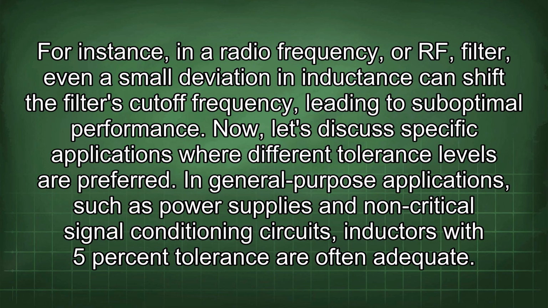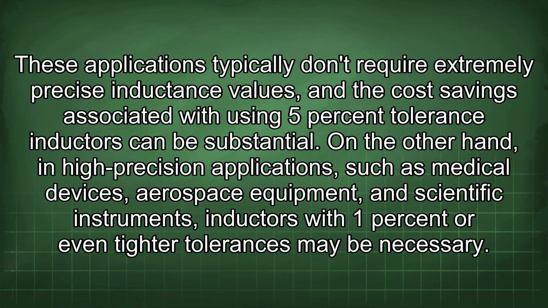Now let's discuss specific applications where different tolerance levels are preferred. In general-purpose applications such as power supplies and non-critical signal conditioning circuits, inductors with 5% tolerance are often adequate. These applications typically don't require extremely precise inductance values, and the cost savings associated with using 5% tolerance inductors can be substantial.